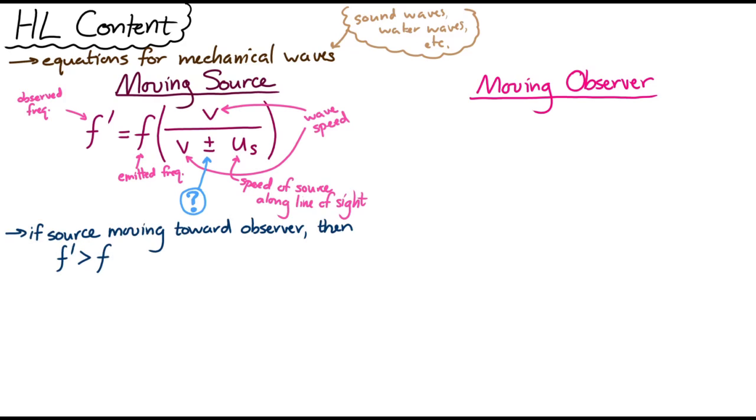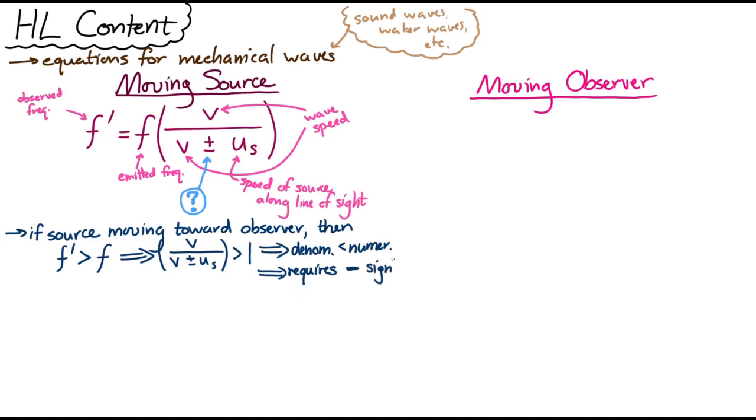In order for the observed frequency to be greater than the emitted frequency, then this thing in the parentheses has to be greater than 1, and for that thing to be greater than 1, then the denominator has to be smaller than the numerator. And if the denominator is smaller than the numerator, then we have to use the minus sign.